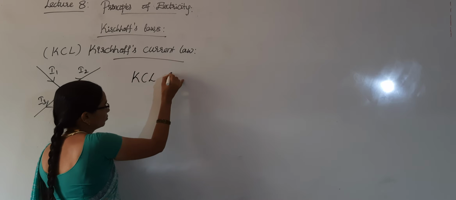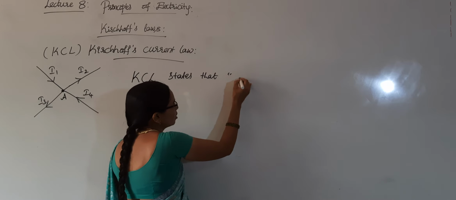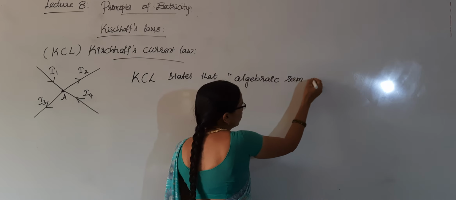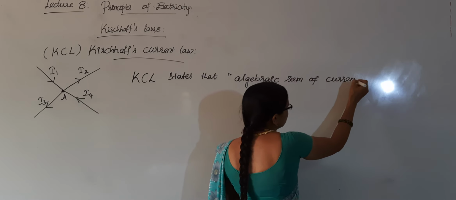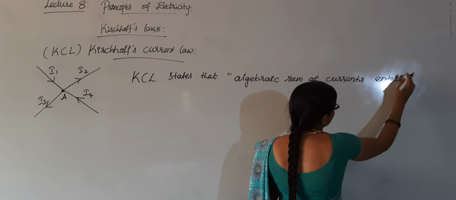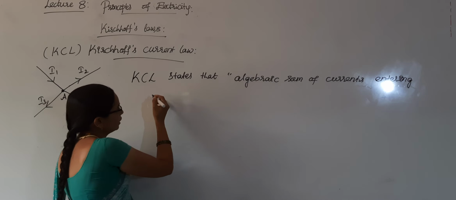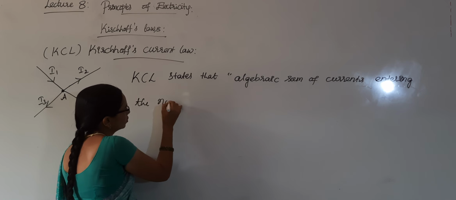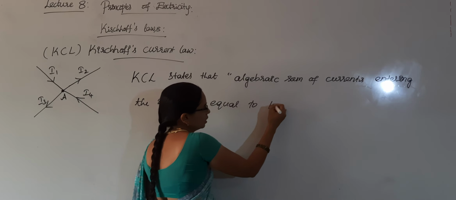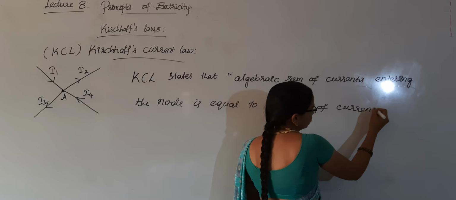KCL states that the algebraic sum of currents entering the node is equal to the sum of currents leaving the node.